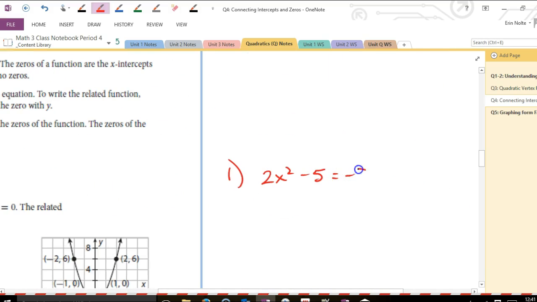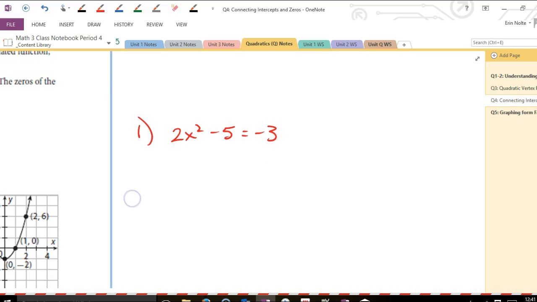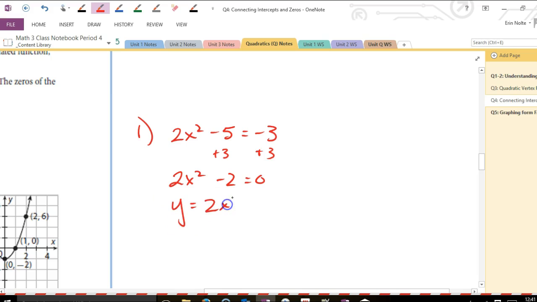We can solve this by graphing. What we're going to do is start by setting the equation equal to 0. To do that, I'm going to add 3 to both sides. So I have 2x squared minus 2 is equal to 0. Essentially, the equation that I'm going to be graphing is y equals 2x squared minus 2.